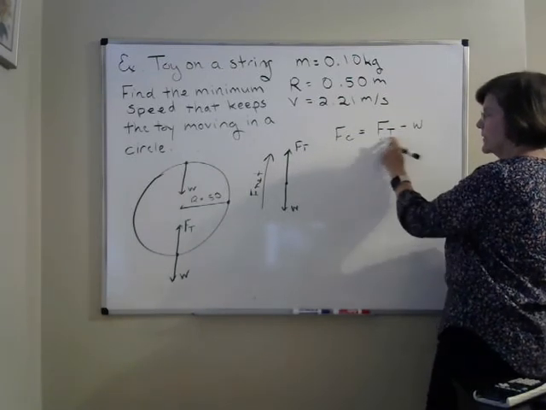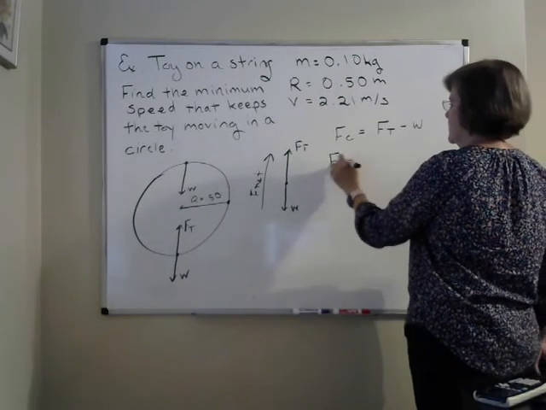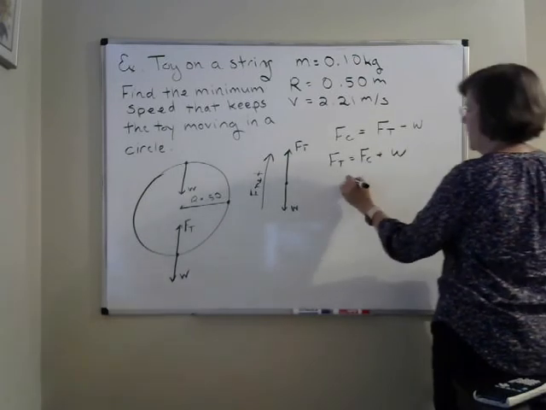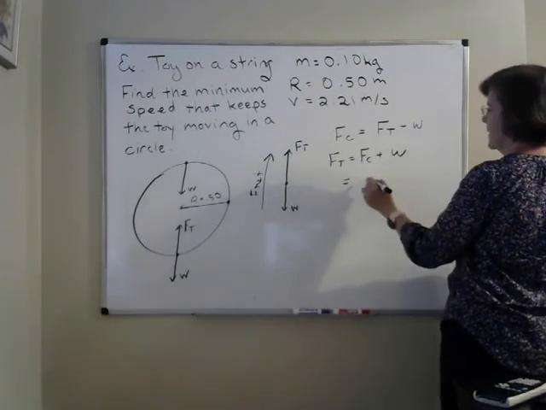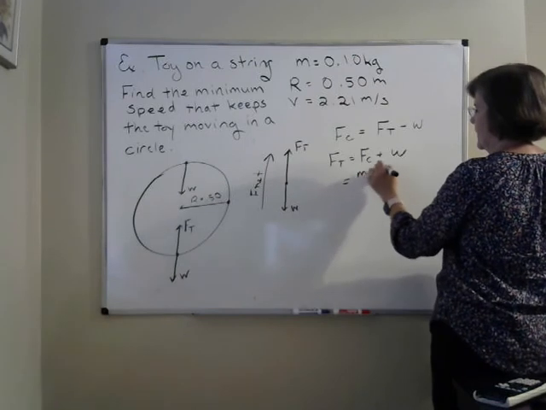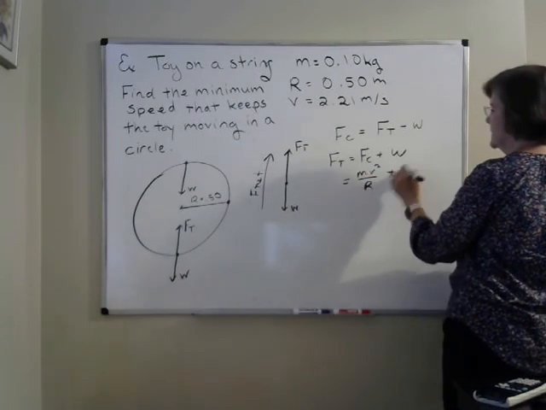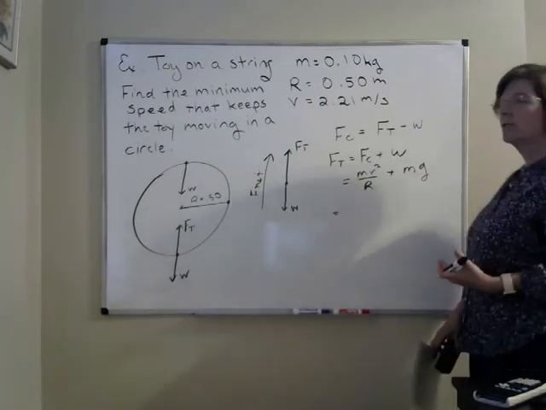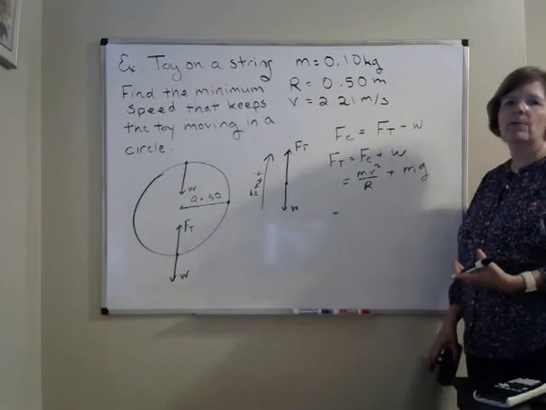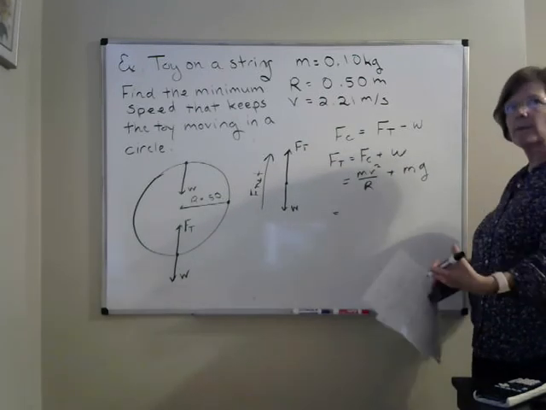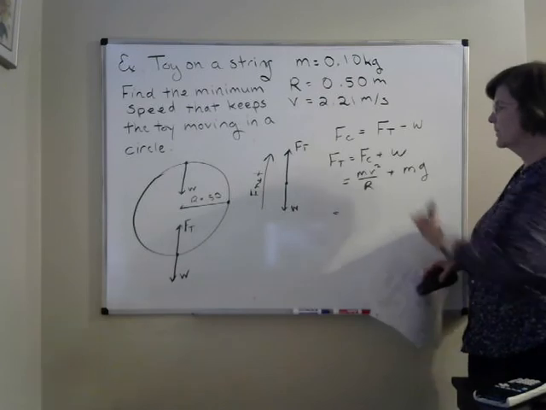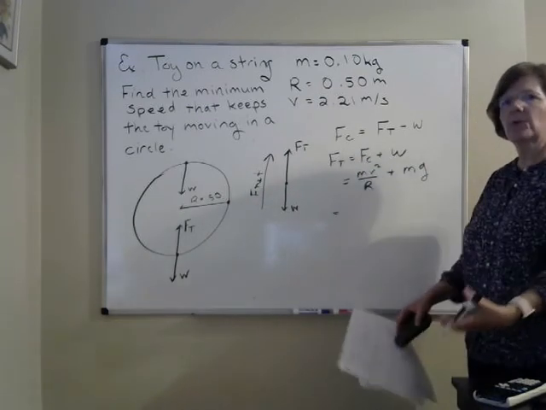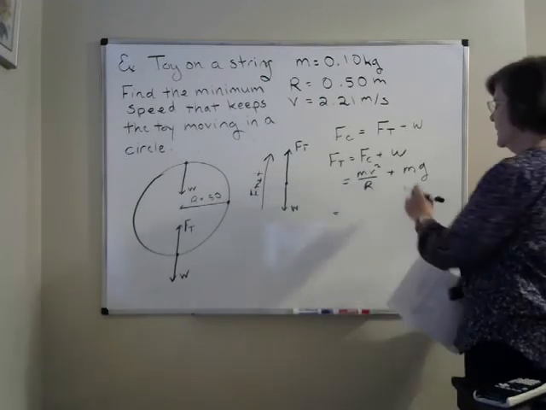We're solving for the tension, so the tension has to be equal to the centripetal force plus the weight. That's mv squared over r plus mg. Notice that looks almost identical to what we had when we were finding the normal force at the bottom of the merry-go-round, which had to be equal to the centripetal force plus the weight, because at the bottom, that upward force has to overcome the weight as well.